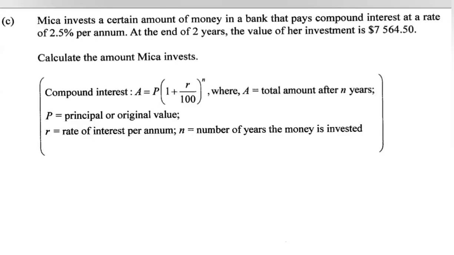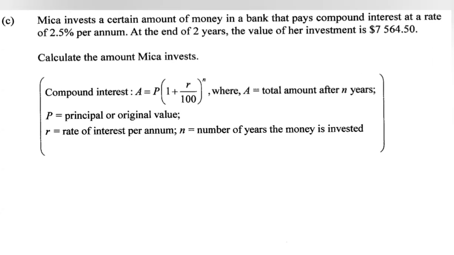All right, guys, so we're going to look at question 1C. It says, Mika invests a certain amount of money in a bank that pays compound interest at a rate of 2.5% per annum. At the end of year 2, the value of her investment is $7,564.50. It's asking us to calculate the amount Mika invests.